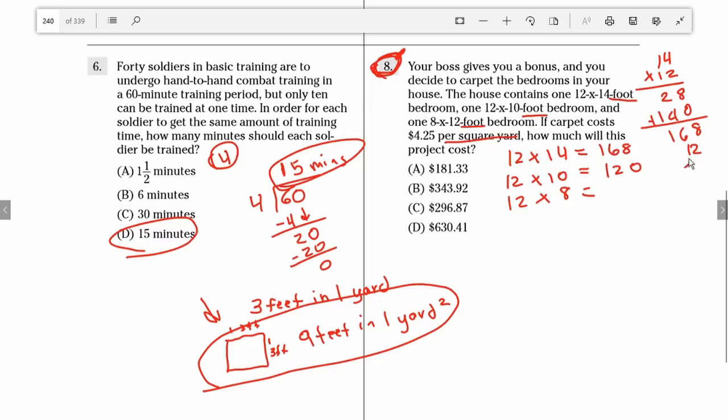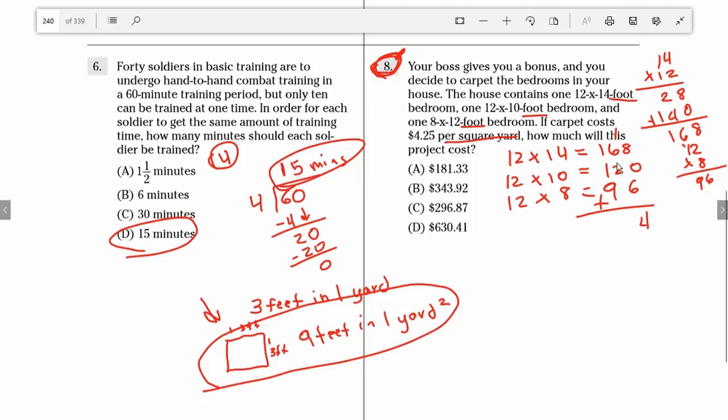Let's do 12 times 8. 8 times 2 is 16. Carry the 1. 8 times 1 is 8, plus 1 is 9. So that's 96. Let's go ahead and add these up. 8 plus 0 plus 6 is 14.